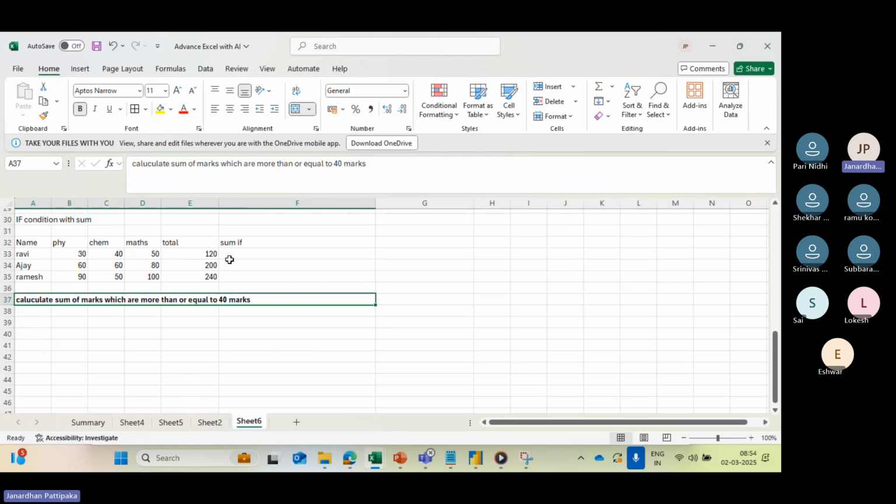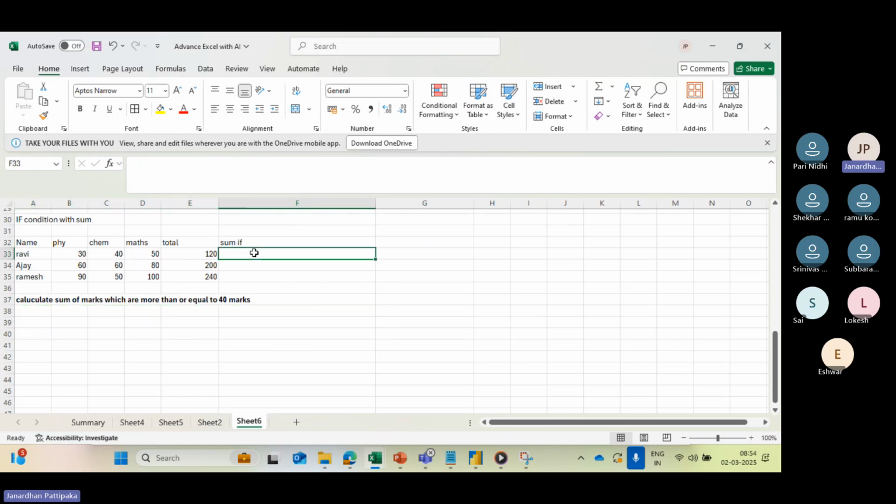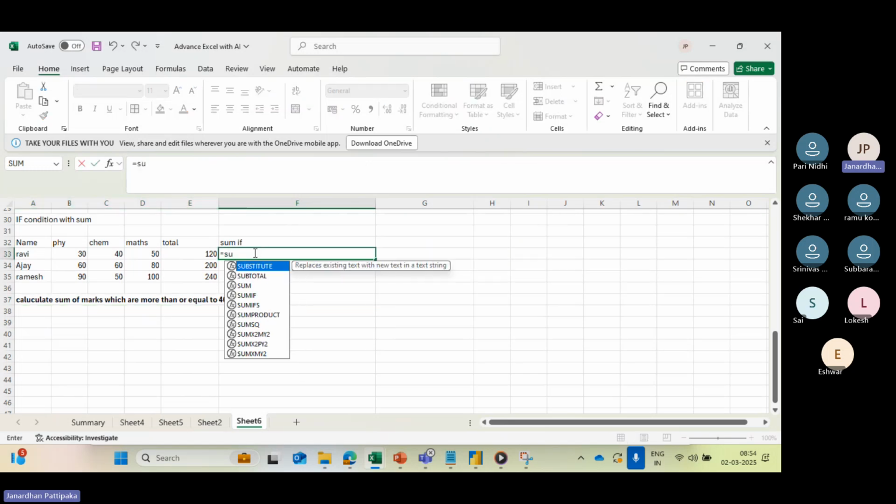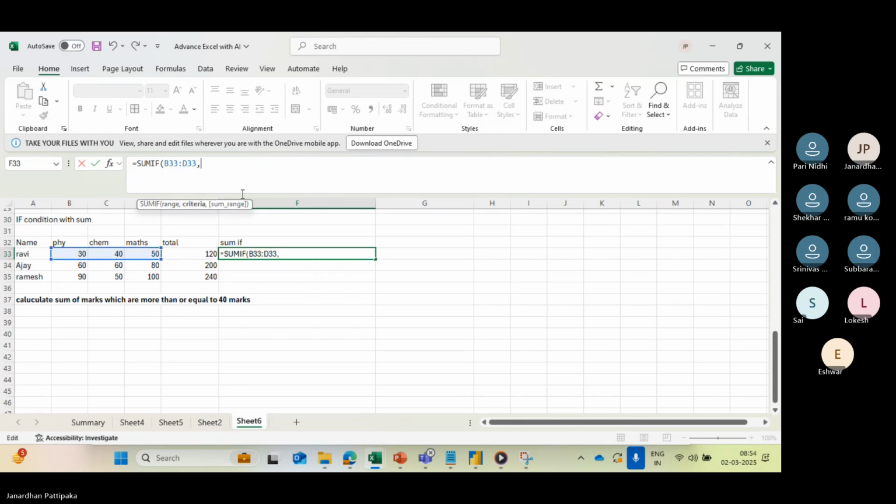Here you can use the formula called SUMIF. See, this is the SUMIF formula. Select this and press the tab button. It will ask for the range. What is the range? From physics to maths, these are the marks I want to calculate. You need to mention that range, then give a comma.